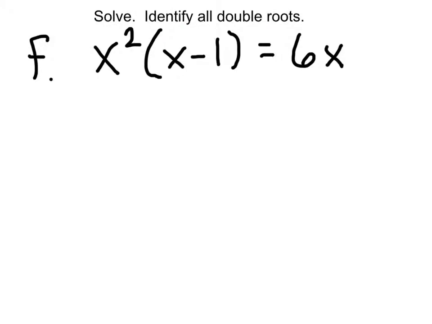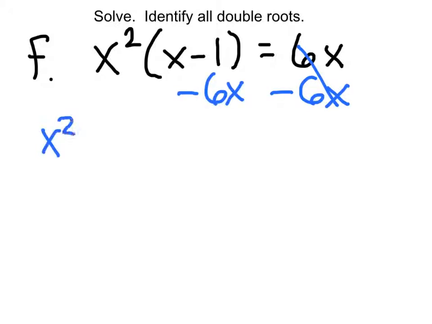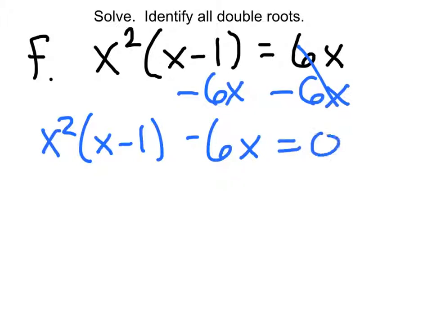In this final example, we're going to use the same technique we used last time. We're going to get one side equal to 0, so I'm going to subtract 6x. I now have x squared times (x minus 1) minus 6x equals 0.